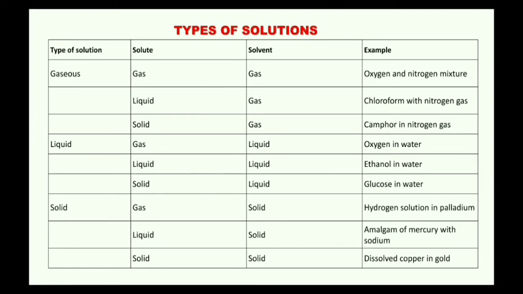That is, in gaseous solutions the solvent state remains gaseous, in liquid solutions the solvent state remains liquid, and lastly in solid solutions the solvent state remains solid. Okay, so we have learned examples related to these types of solutions.